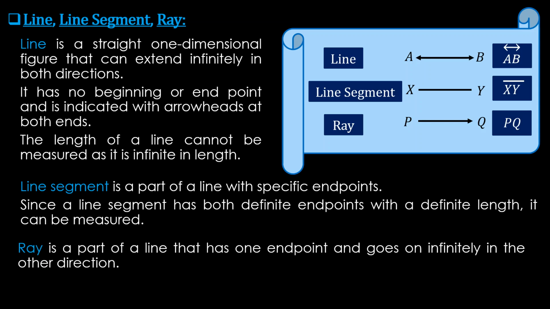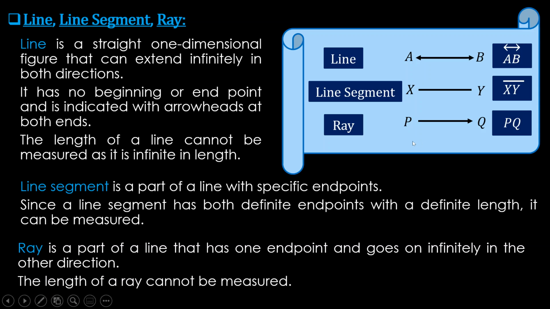And finally ray. Ray is a part of a line that has one endpoint and goes on infinitely in the other direction. So there is one endpoint and the other end has an arrowhead.